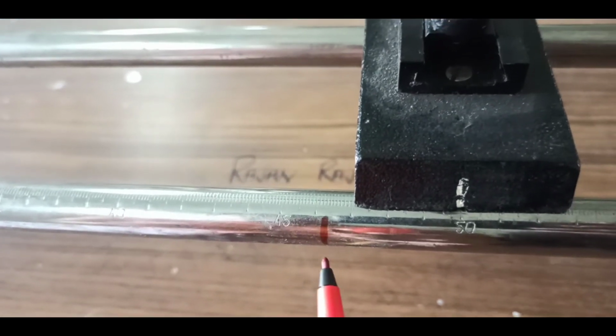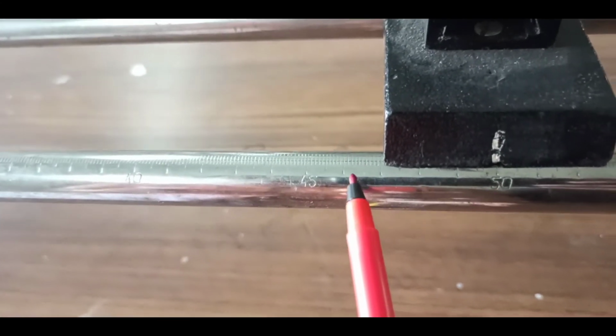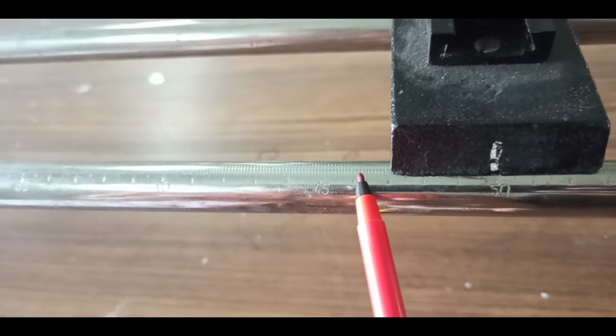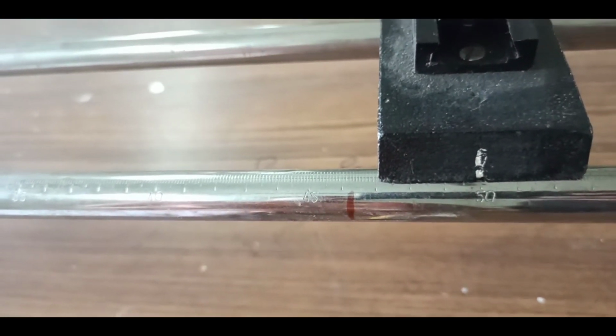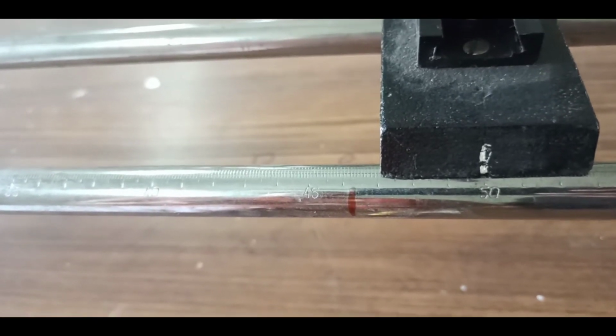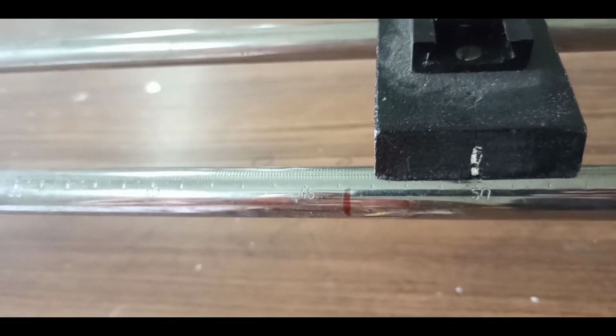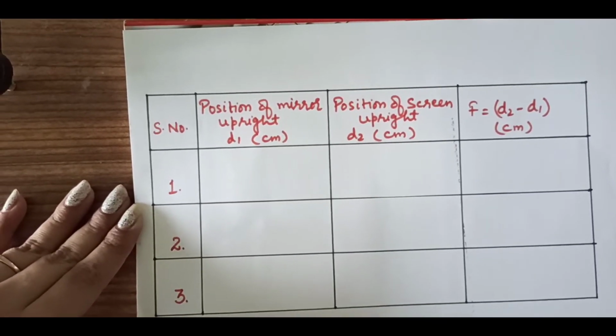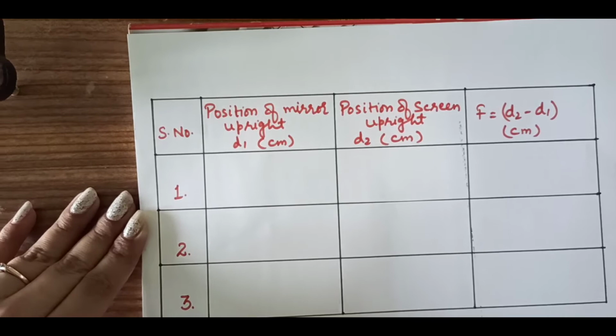As you can see, this mark is for the reading 46.2 centimeter. So, the position of the screen is 46.2 centimeter.